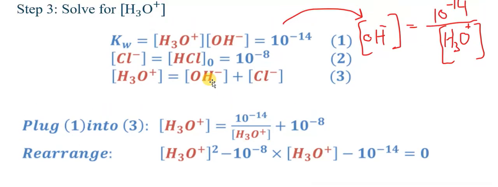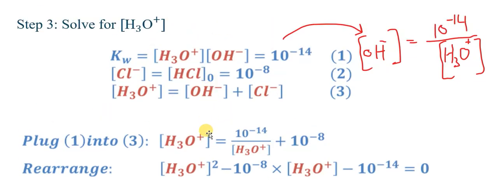If we put the value of hydroxyl ions from the Kw equation, hydroxyl ion is equal to 10 to the power minus 14 over hydronium ion, with this value going into the denominator.